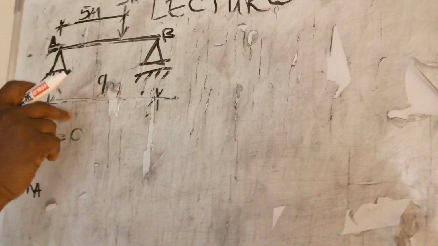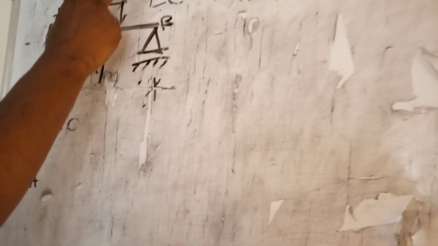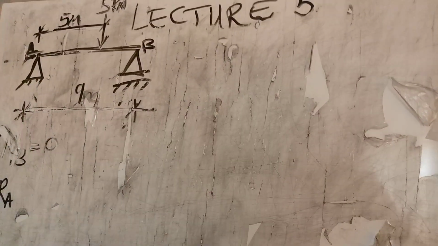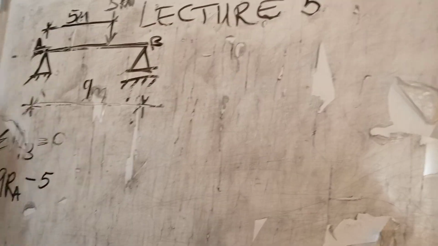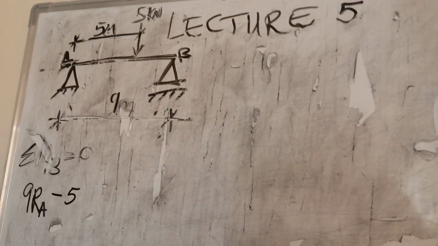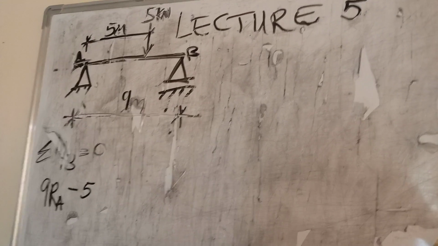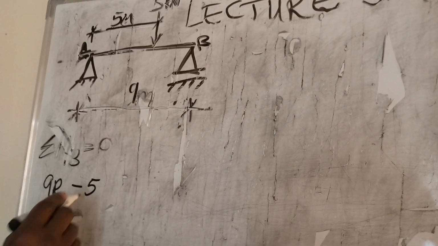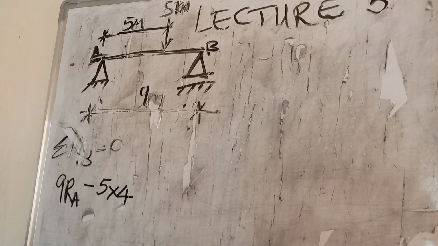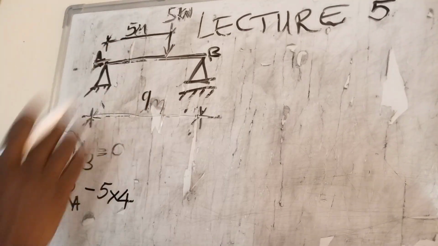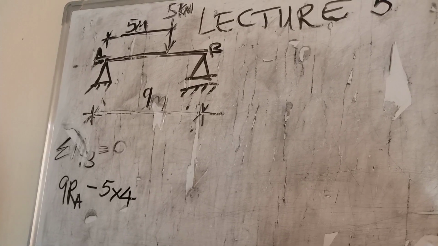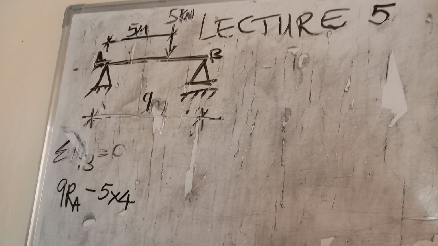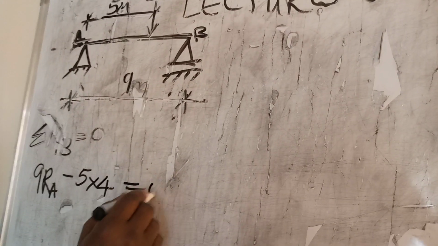Then the force 5 will turn against it, so that's minus 5 times 4, because 5 is 5 meters from A, which means it is 4 meters from B. There's no other force. Reaction B will not develop moment at its position because there's no distance from its position, so it's equal to 0.